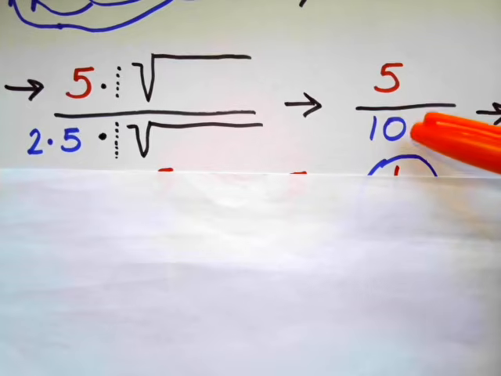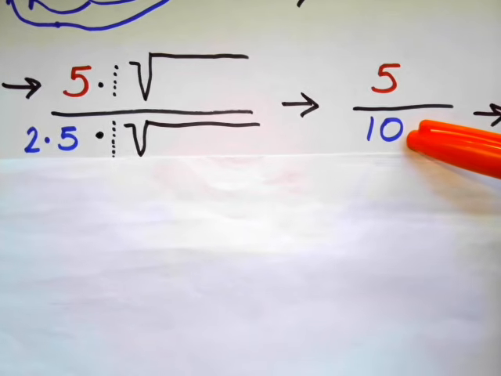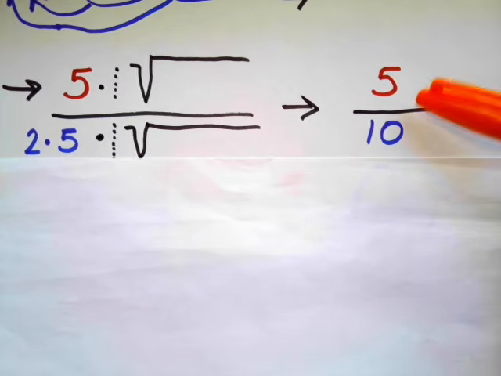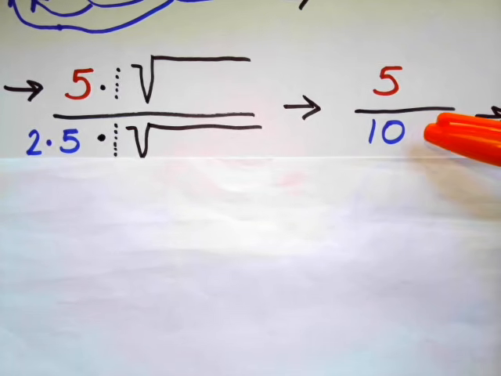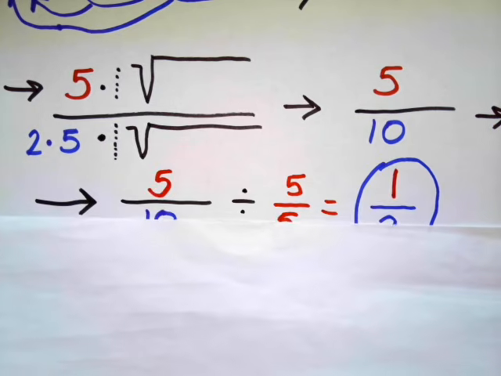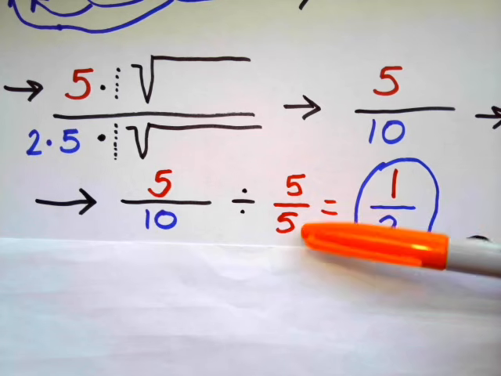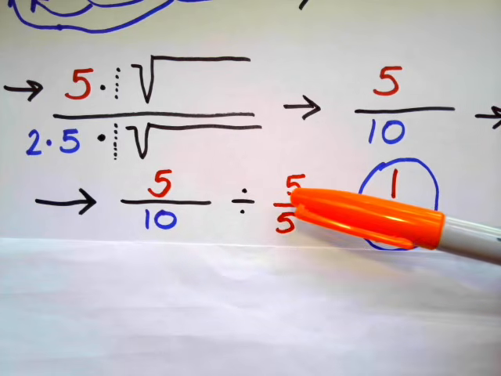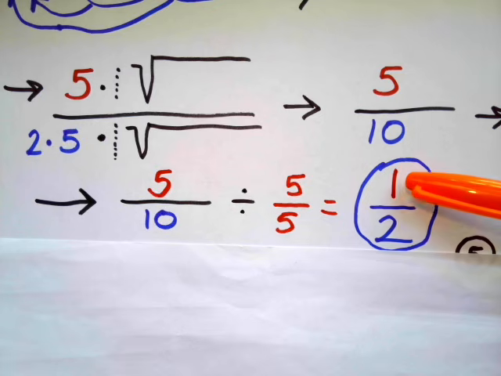5 divided by 10, or 5/10 as a fraction, is not in simplest form. So you have to find a number you can divide into top and bottom evenly without a remainder. I can divide 5 into both evenly. 5 divided by 5 is 1, because 5 times 1 is 5.